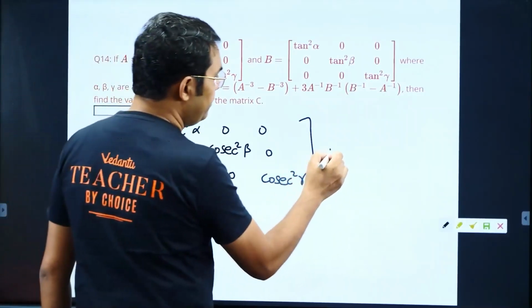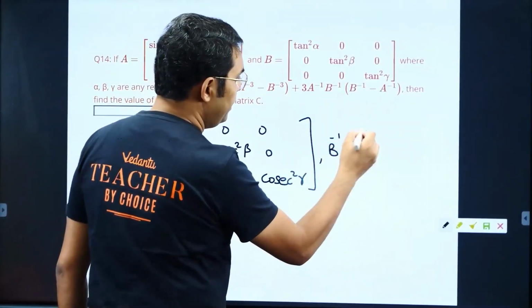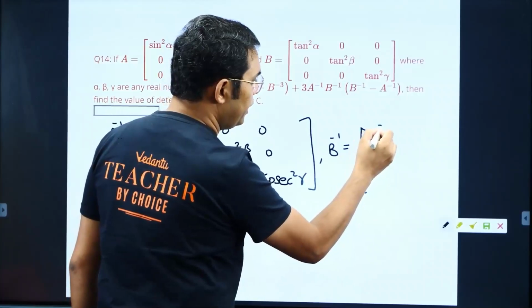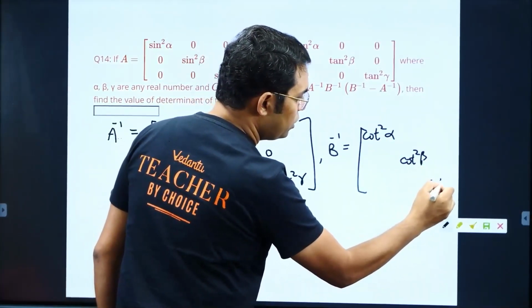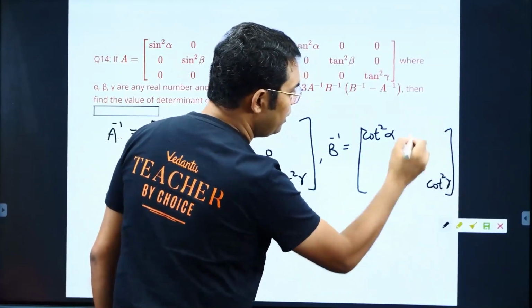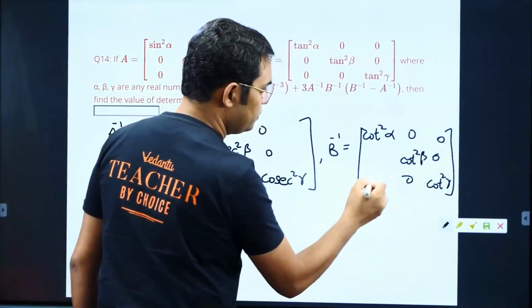Likewise, if you are finding B inverse, it will be cot square alpha, cot square beta, and cot square gamma, with all remaining elements 0.